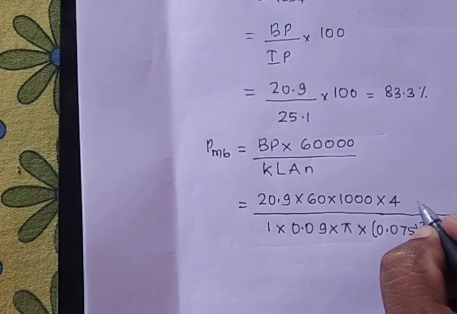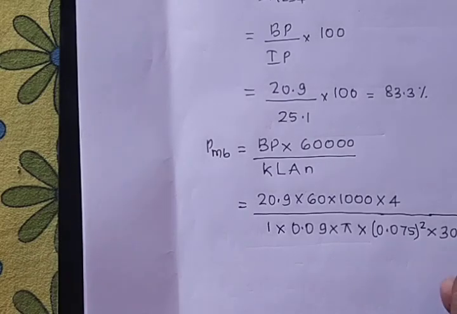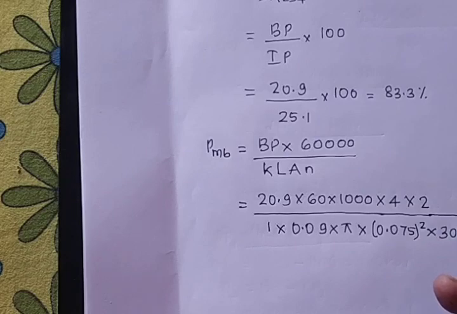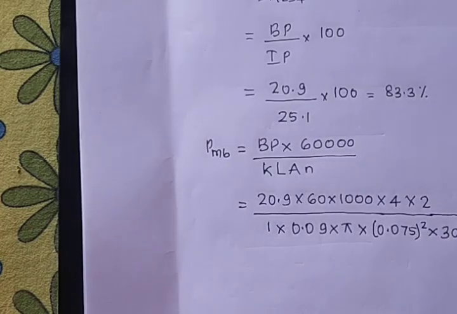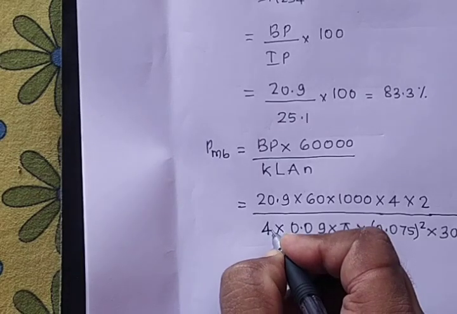And it is for a 4-stroke engine, so 3000 divided by 2, so 2 goes to the numerator. And we are conducting this for 4 cylinders, so the value of K is 4.